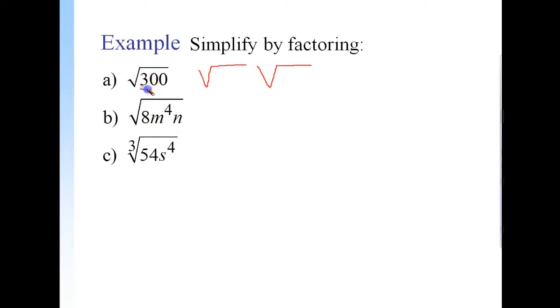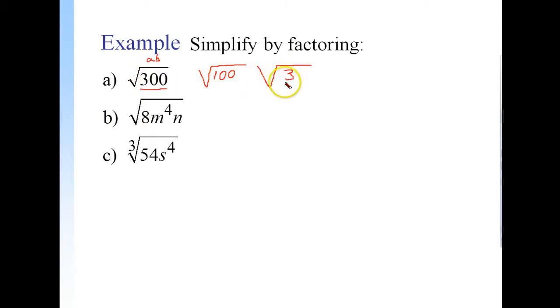Now as we look at this radicand, think of it as A times B, is there some factor that is a perfect square? And you might say, yes, 100. 100 is a perfect square factor of 300, and you're left then with a 3.